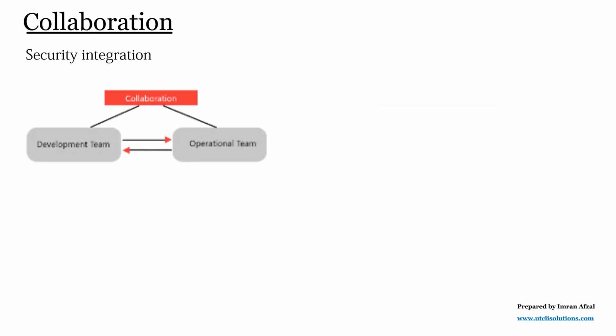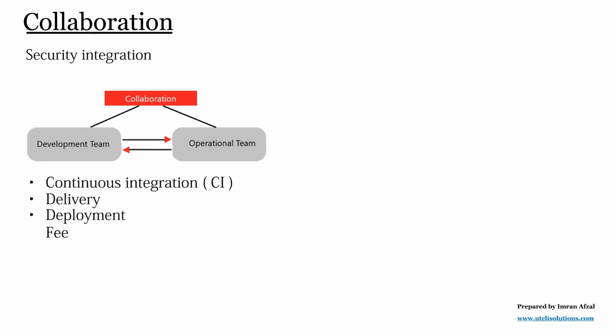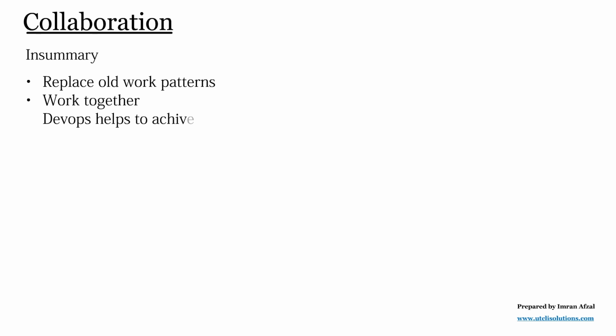Furthermore, collaboration is essential in continuous integration, delivery, deployment, feedback loops, and some other development practices. In summary, collaboration is aimed to replace old ways of isolated work patterns with a mutual work environment with shared goals and aligned efforts between teams that of course aid DevOps to achieve its goal.